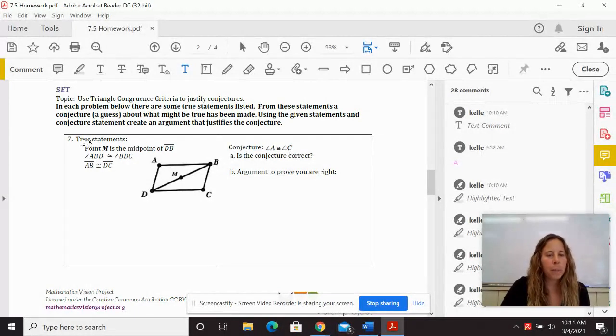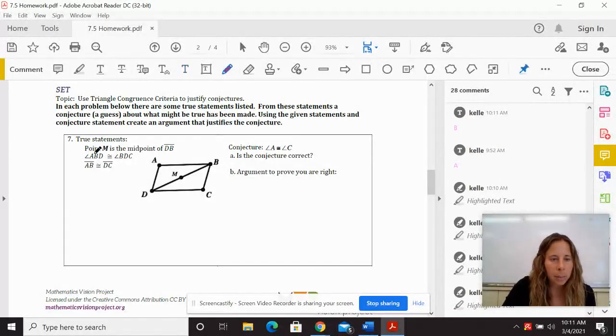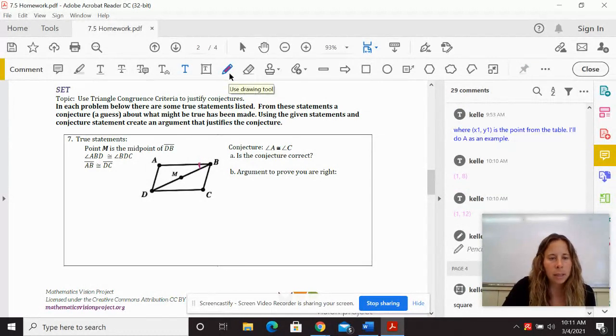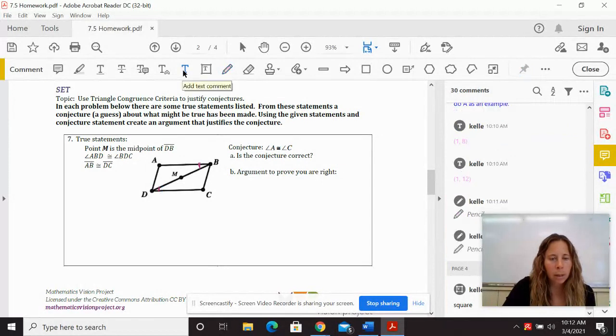True statements. Point M is the midpoint of DB. And then they are telling us that angle ABD, so that's this angle right here, is congruent to angle BDC. So that's this angle right here, BDC. And they are telling us that AB is congruent to DC.